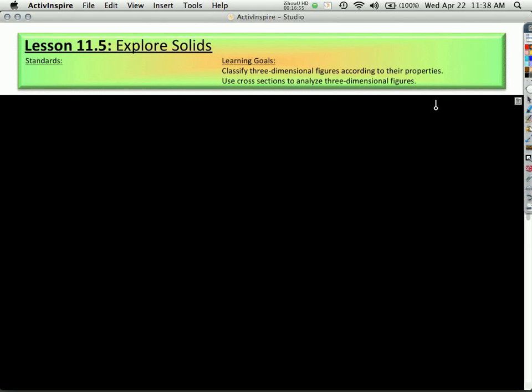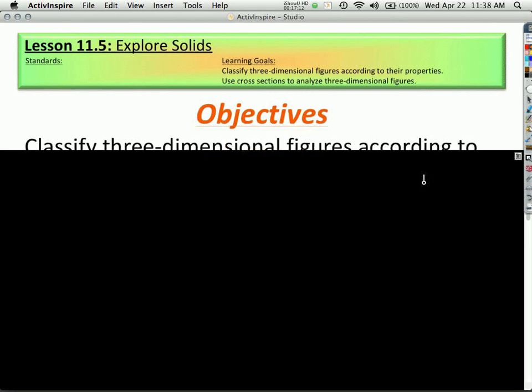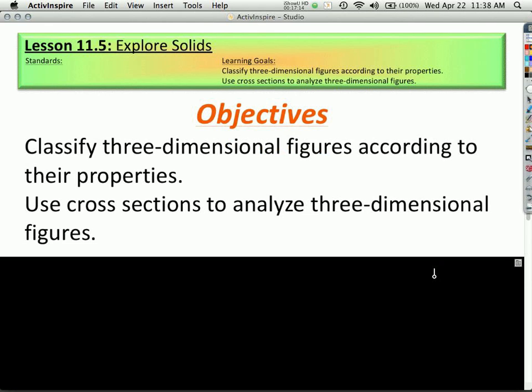So today, of course, you titled your lesson 11.5. Today we're going to leap to three-dimensional objects, solids. We're going to start laying the foundation for working with solid figures. Some of our goals today are to be able to classify some solids, and we're going to learn about cross sections and how we can use that to analyze three-dimensional figures.